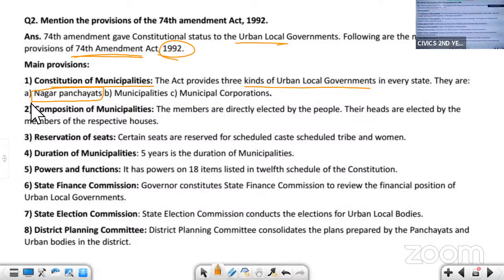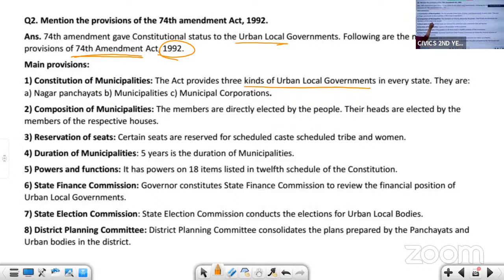So that is Nagar Panchayat for such areas where the rural area is transforming into urban area. It is neither rural nor urban. For such areas, we have Nagar Panchayat.